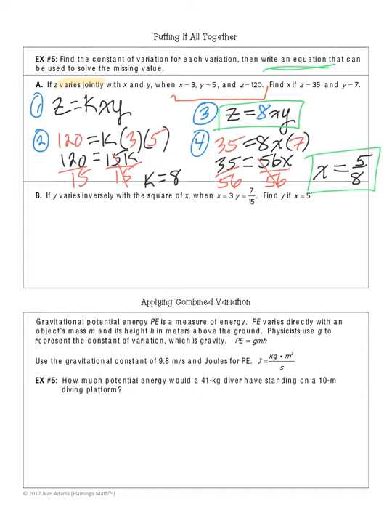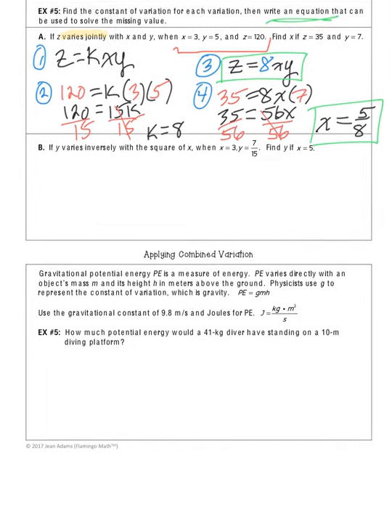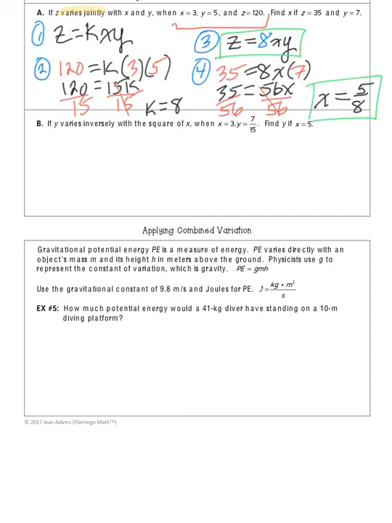Okay, so you try part B on your own and see if you can do that by yourself. So pause the video, do part B, and restart it. Okay, so here we've got varies inversely. So this is not jointly. So as soon as I see varies inversely, whoops, keep forgetting. So here's step one. And then y varies inversely. So I know something's going in the denominator with the square of x.